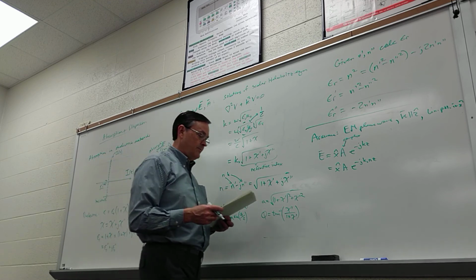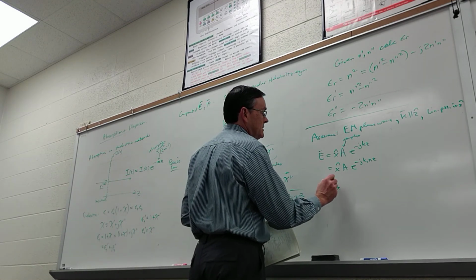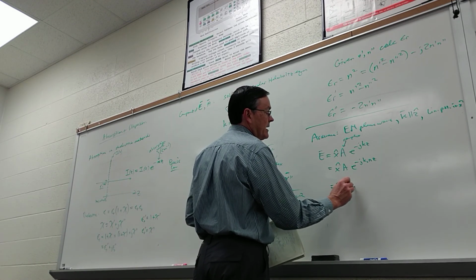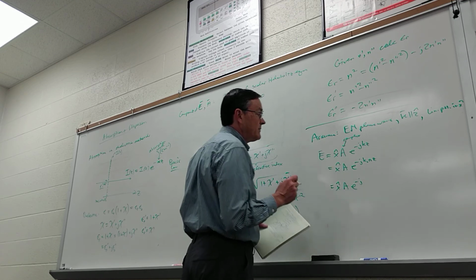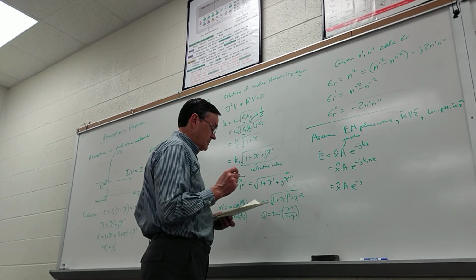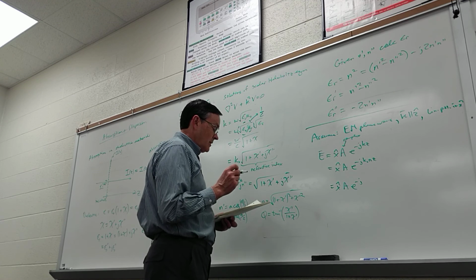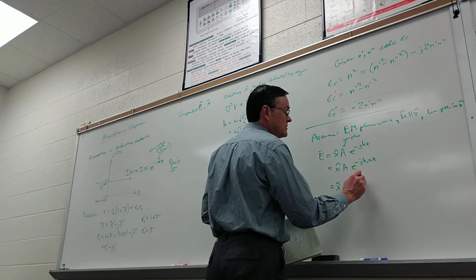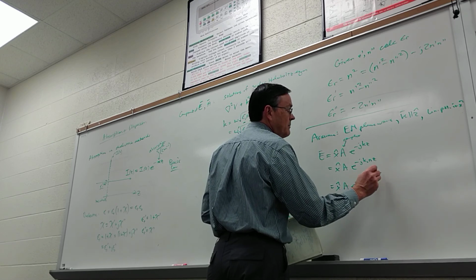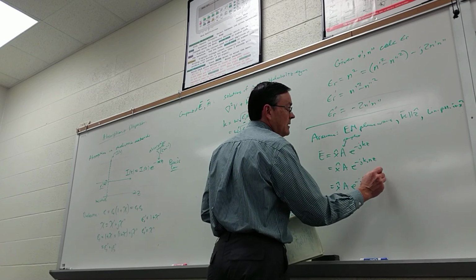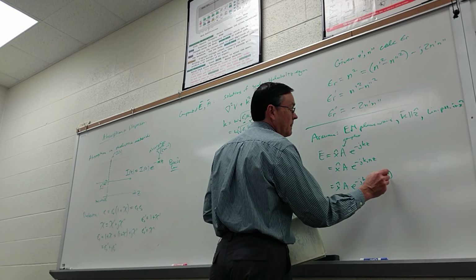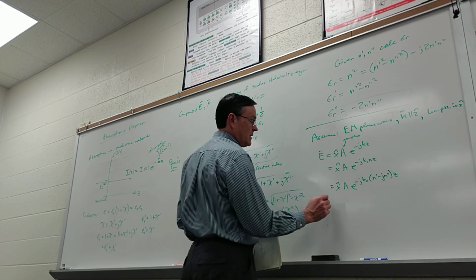Okay, so we can substitute in for refractive index, so we have A e to the minus j, and then we've got, I guess we'll just write it in here, k naught times n prime minus j n double prime, times z.